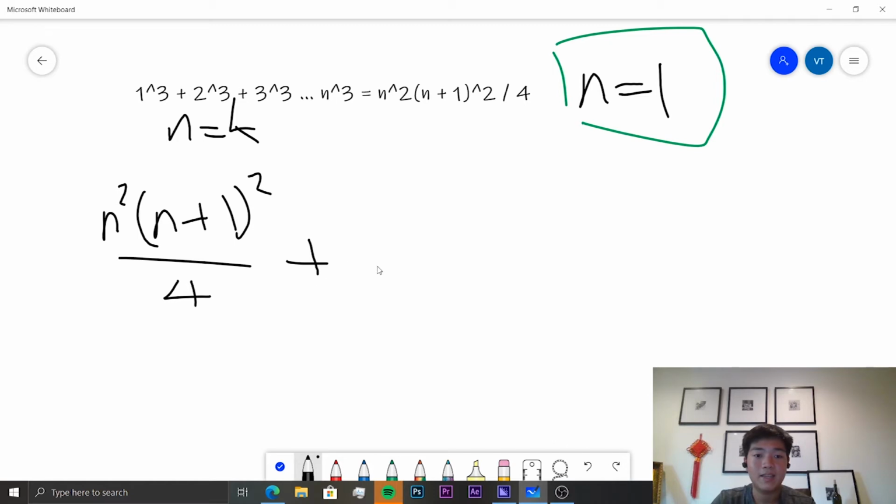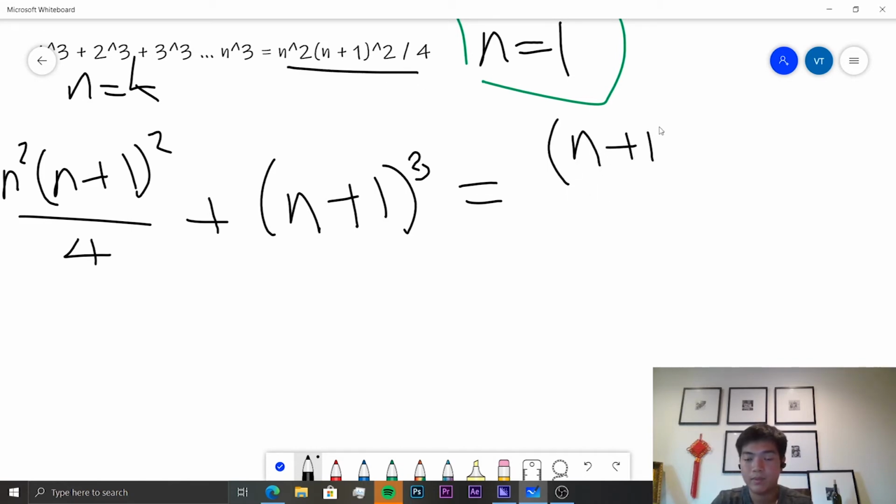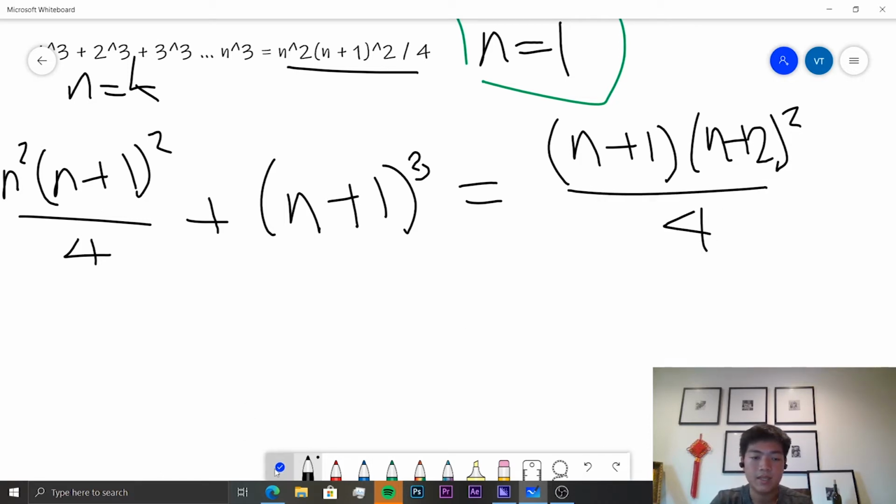If we add the cube of n plus 1 to this, then this should equal this equation, but with n plus 1 substituted instead. So n plus 1 squared times n plus 2 squared, divided by 4. And so we need to prove this side equals this side.